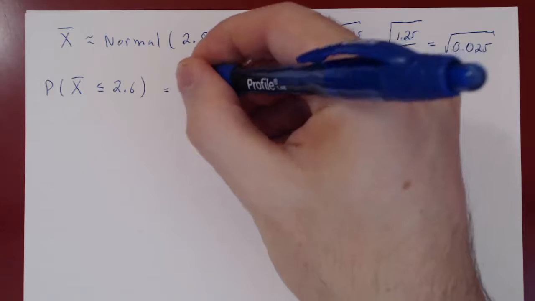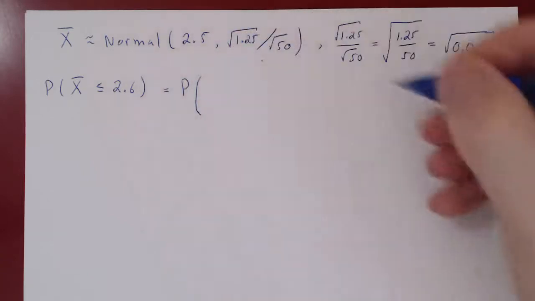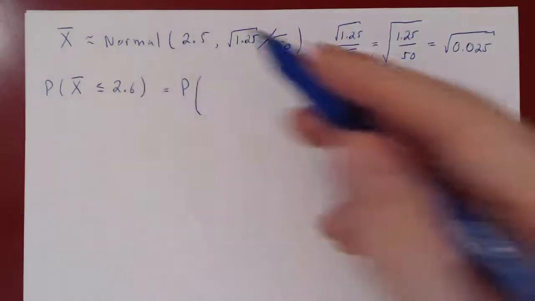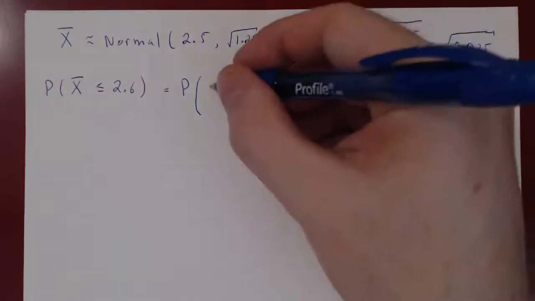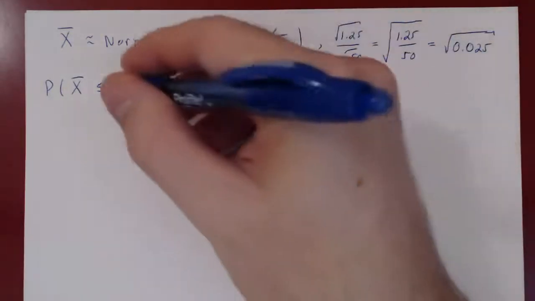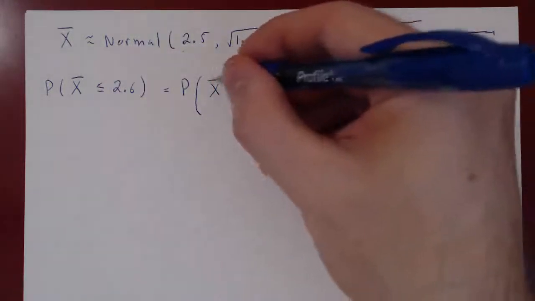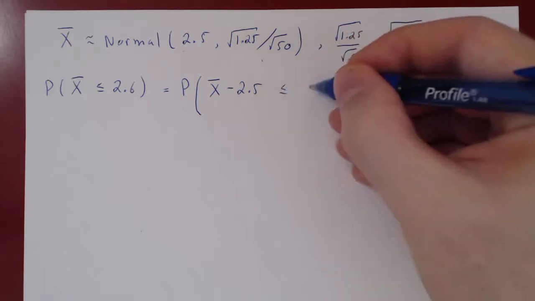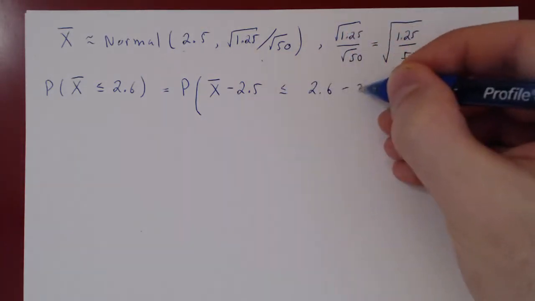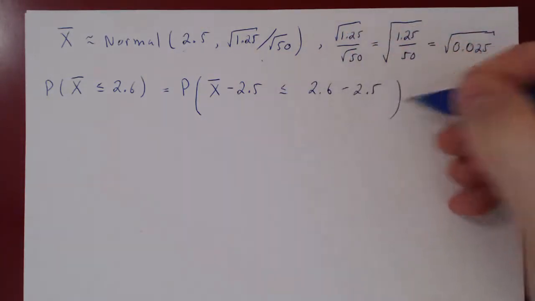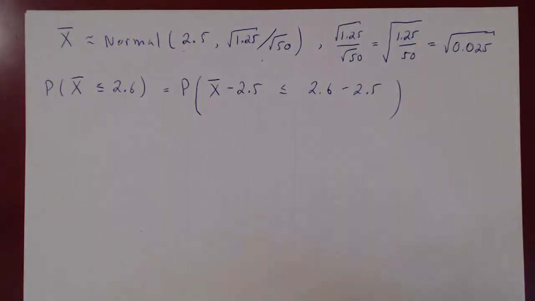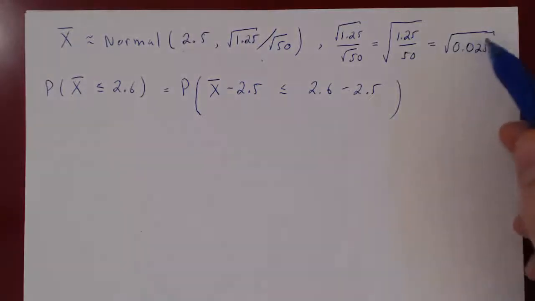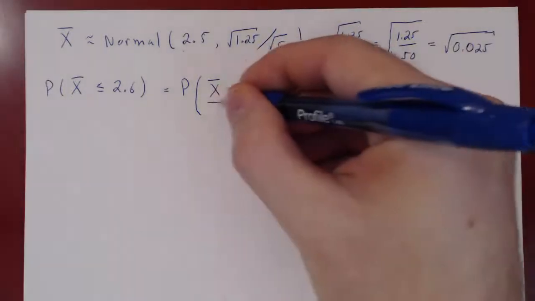So as always, to find the probability involving a random variable that is normal but not standard, we have to standardize. For each side of the inequality, we subtract the mean, so 2.6 minus 2.5, and then divide by sigma, our standard deviation in this case, the root of 0.025.